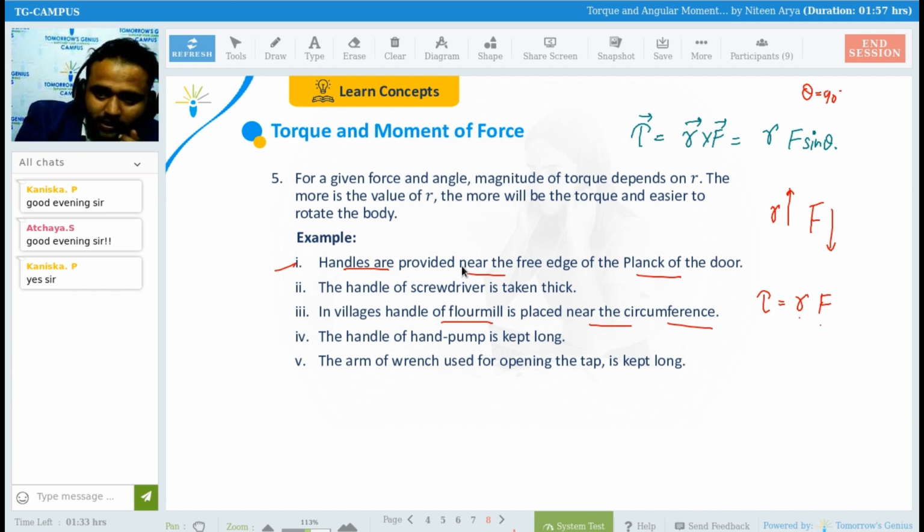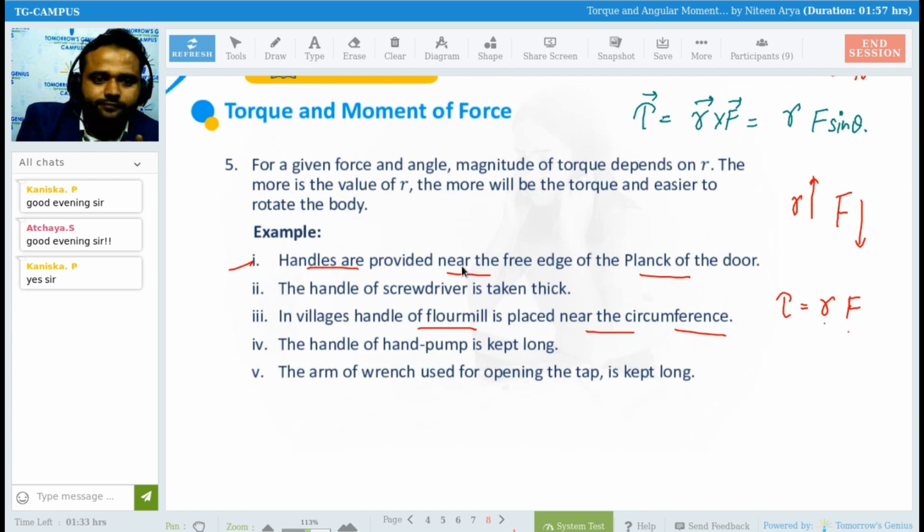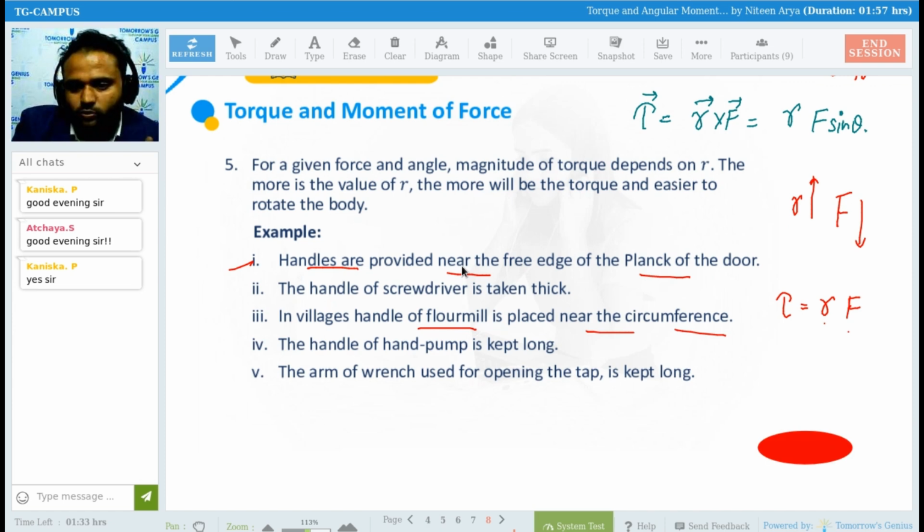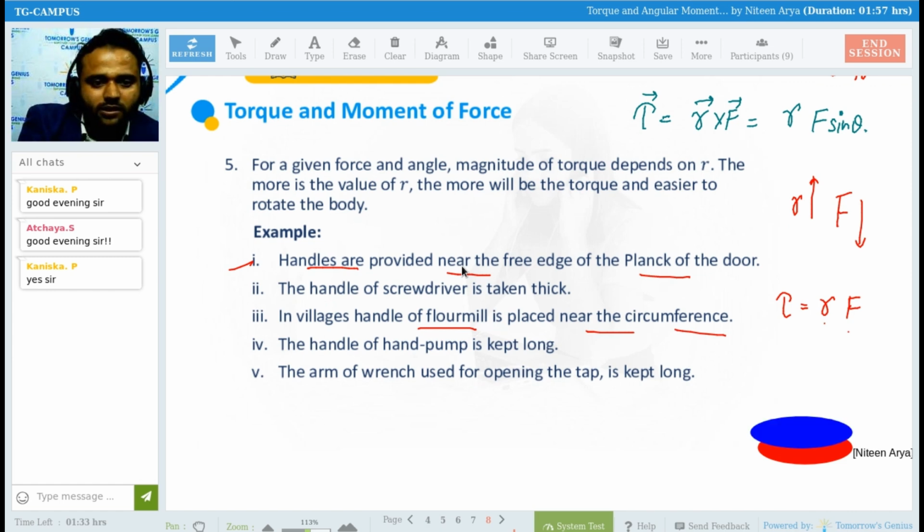Somewhere it looks like this. Just a minute. This is the base, and these are the two stones, and at this point, far away, we have a handle.